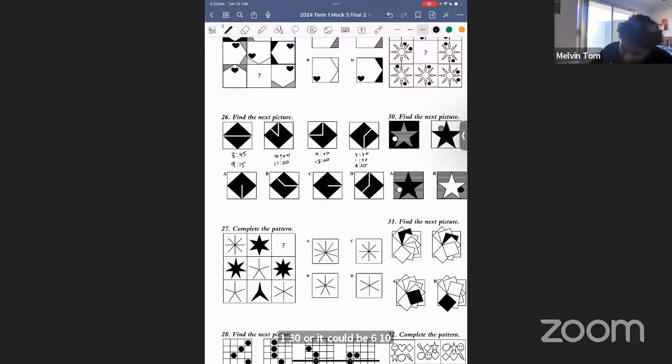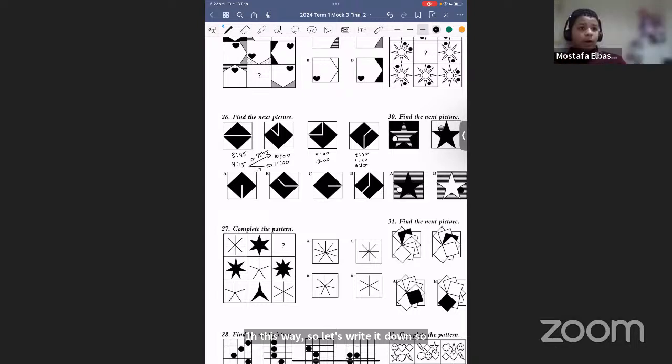So let's write it down. It either went 1 hour 45 minutes, 0.75. Actually, I don't want to be fancy. Should I be fancy? Let's do fancy. 0.75 hours. Or it could be 45 plus 1, an hour 45, so 1.75.